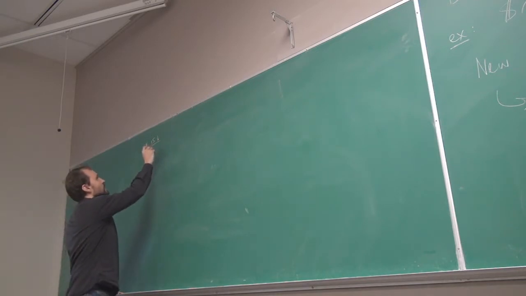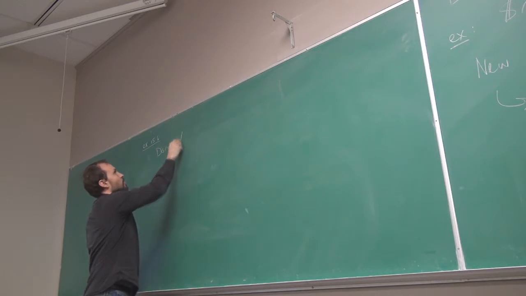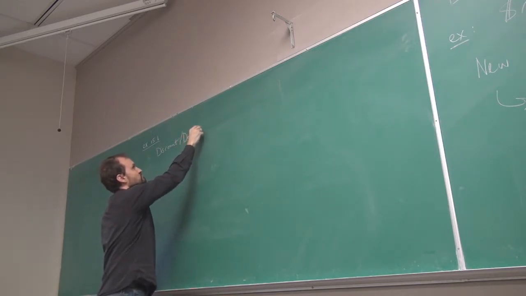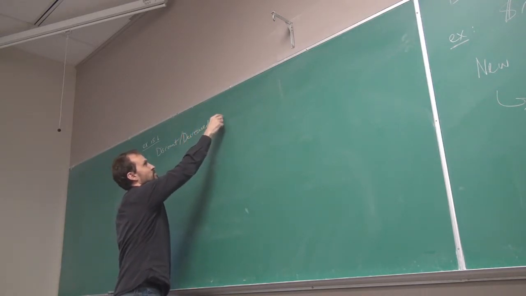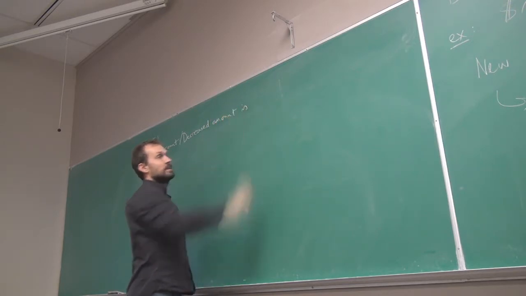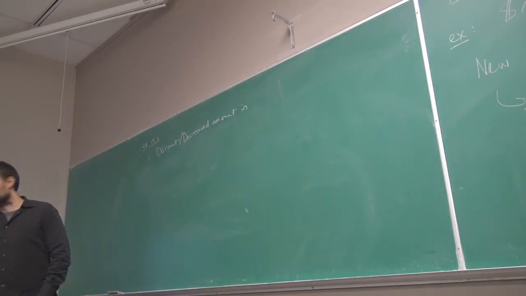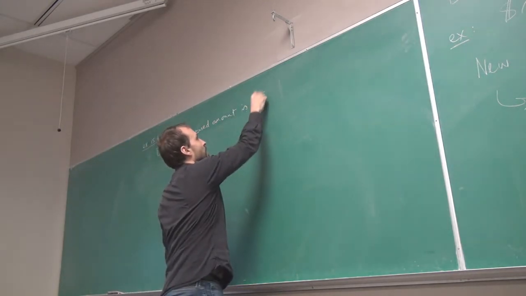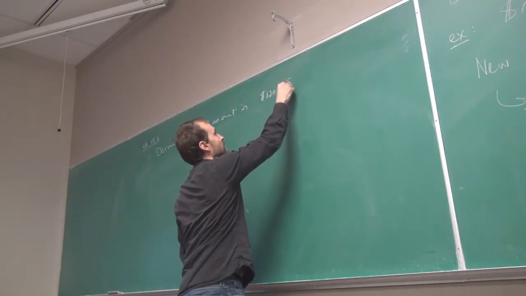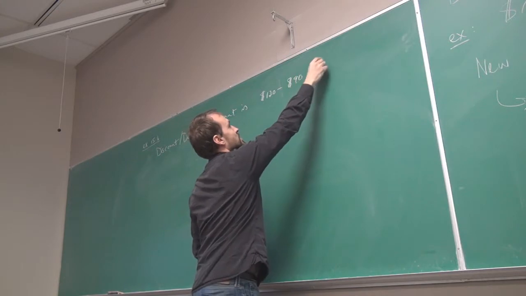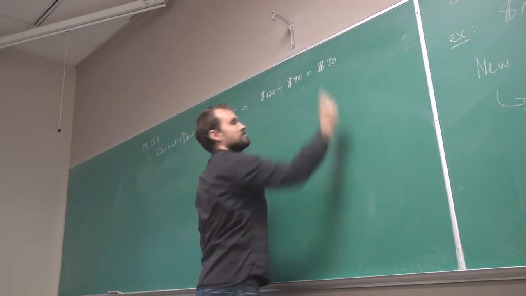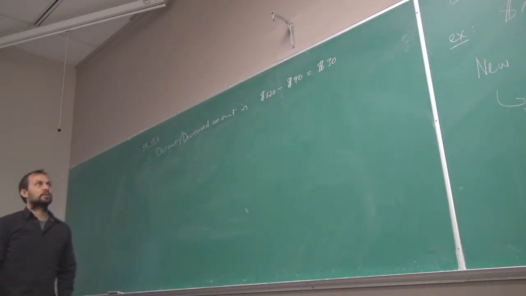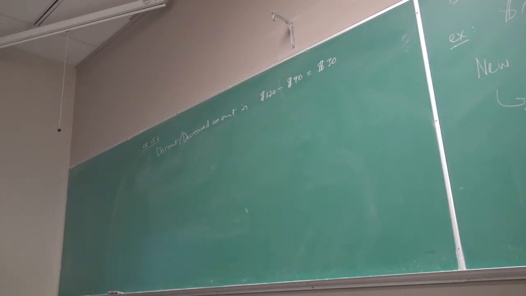So the discount, or the decrease amount, or whatever you want to call it, is $30. 120 minus 90 gives me 30. So what the question is really asking is, what percentage is 30 of my original?